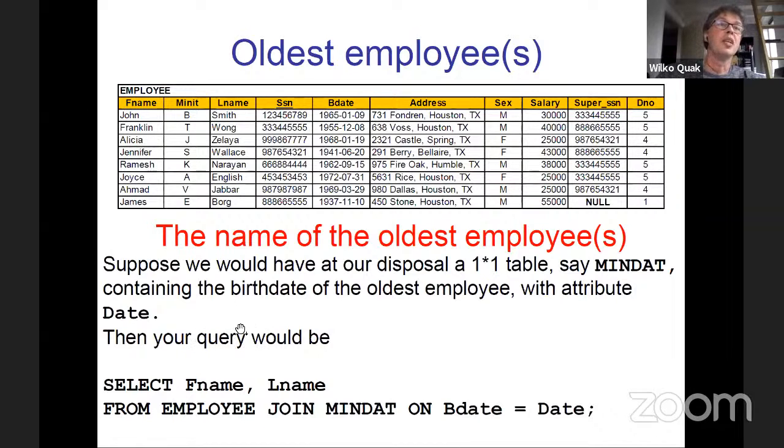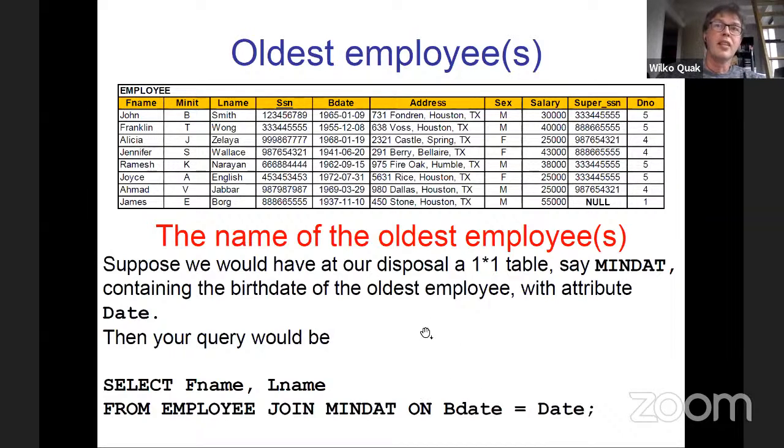Then your query would be select first name from employee, and here you join on a 1-by-1 table, which is a bit tricky, but that basically means that min.dat equals the birth date in the table. So this will do the trick.